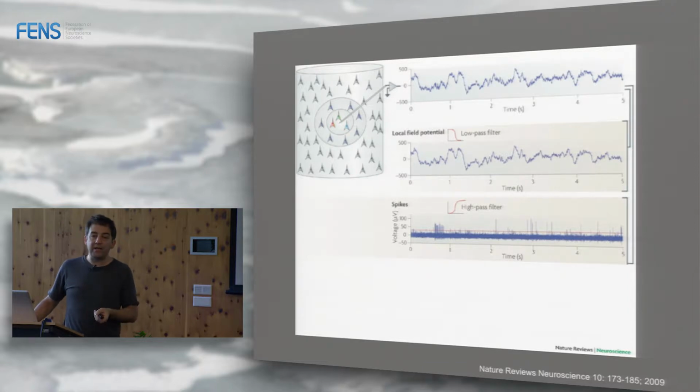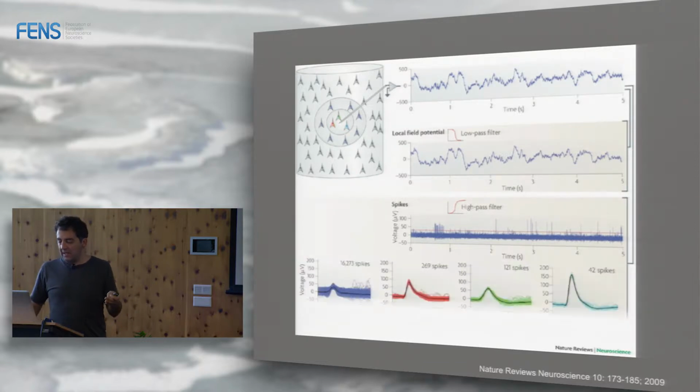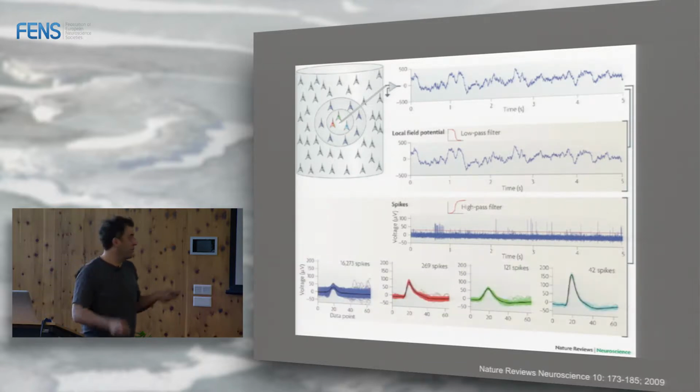Now, what saves us, up to some extent, is the fact that different neurons, they will fire spikes with different shapes, right? Now, if I get one of these ones and I expand it, you will see, this is about 2 milliseconds of recordings, this thing is 5 seconds. You will see that these spikes, they have different stereotypical shapes.